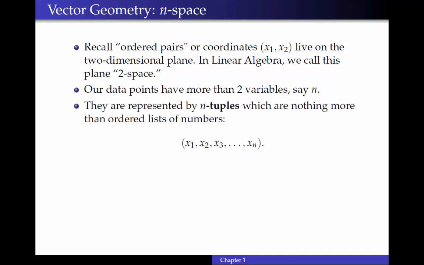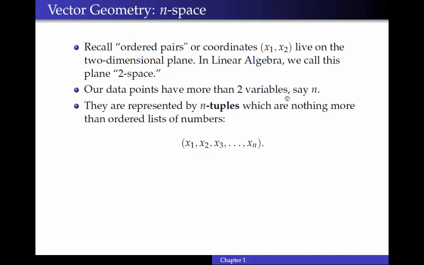Well, then those data points are represented by n-tuples, which are nothing more than ordered lists of numbers. So for every individual in my data set, I know n things about it, and I list that as an n-tuple. Now, if I only had 2 variables, say height and weight, I could easily plot these on a coordinate plane using one axis for height and one axis for weight.